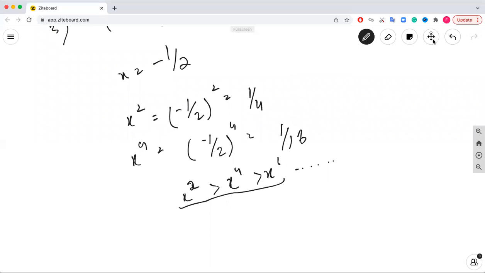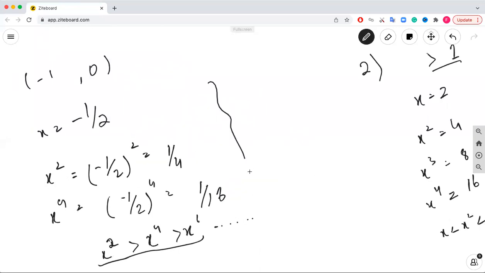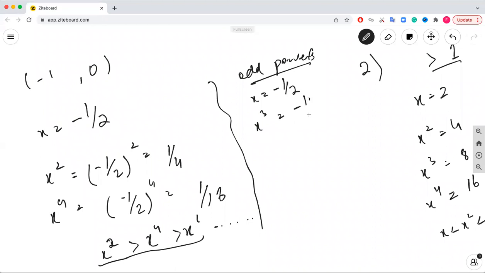Now, if I take the odd powers of this, again, let's suppose we have -1/2. The cube of this will be -1/8. The fifth power of this will be -1/32, right?